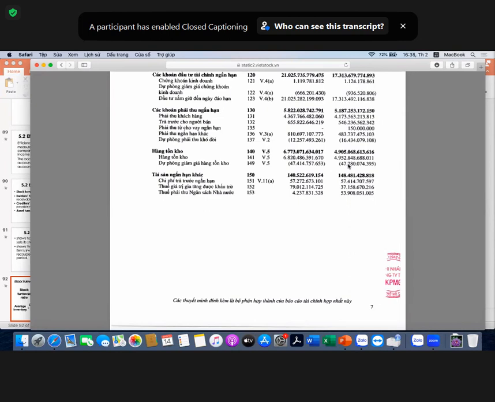Okay. And in 2020, the inventory ratio shows that 6.47 times the investment in inventory is recouped during an accounting period. Good. Thank you.